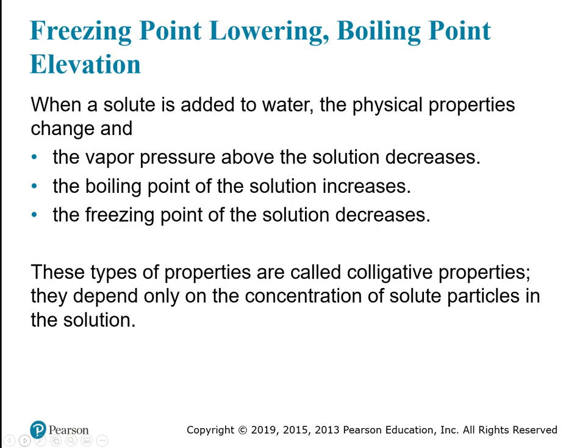So when you add solute, you're going to increase the boiling point. So our shorthand for that is an up arrow BP. That's our boiling point. The vapor pressure above the solution is going to decrease.